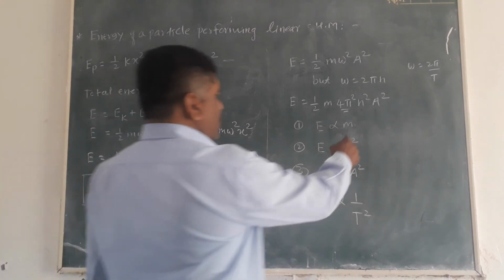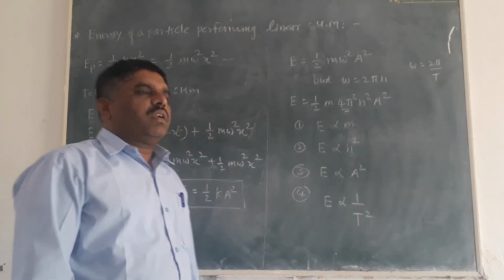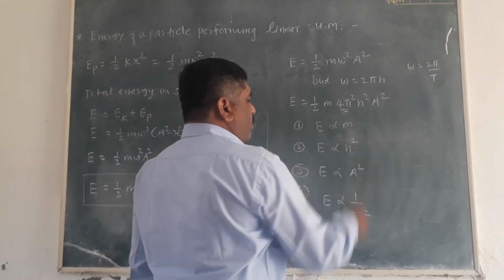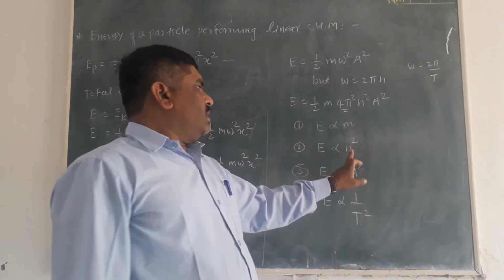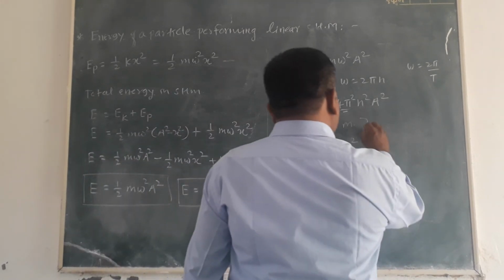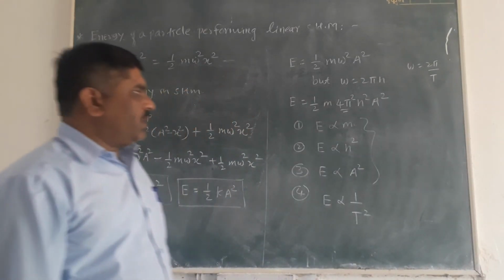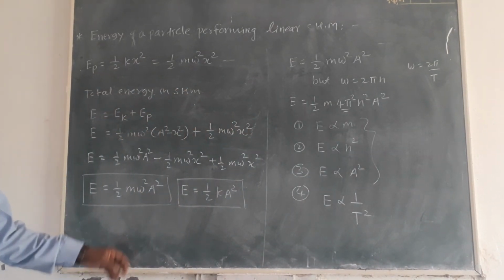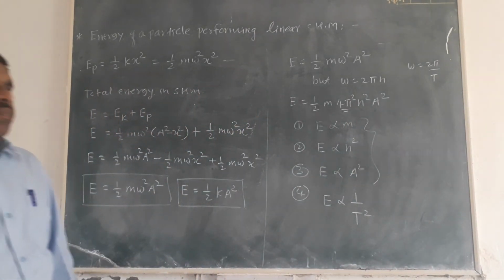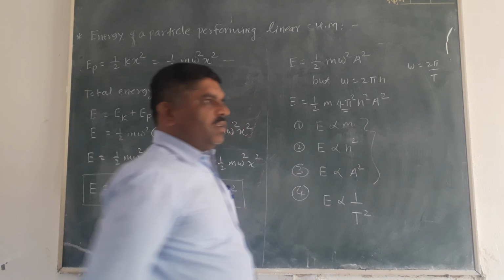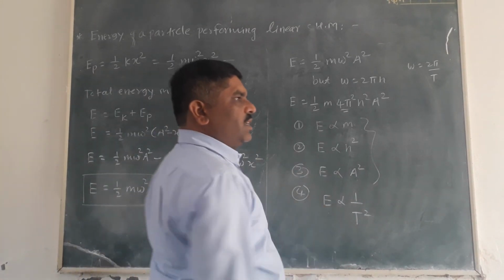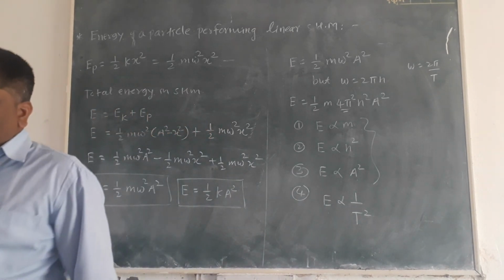These are the observations: we observe this energy depends upon these 4 factors, that is mass, frequency, amplitude, and period. The energy is directly proportional to mass, directly proportional to square of frequency, and directly proportional to square of amplitude, but inversely proportional to square of period.